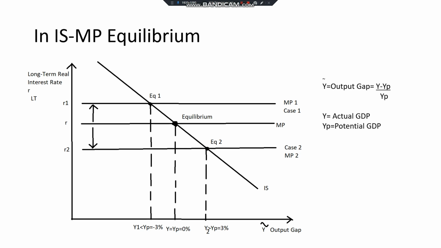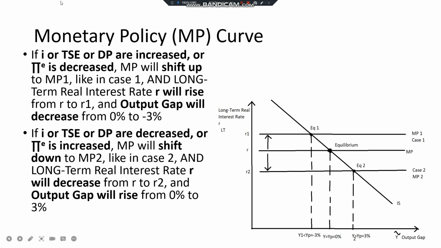If it is positive, then the actual GDP is bigger than the potential GDP, which is the case 2 here. In the monetary policy curve, if i or TSE or DP are increased or pi E is decreased, MP will shift up to MP1, like in case 1. And the long-term real interest rate will rise from R to R1, and the output gap will decrease from 0% to -3%.